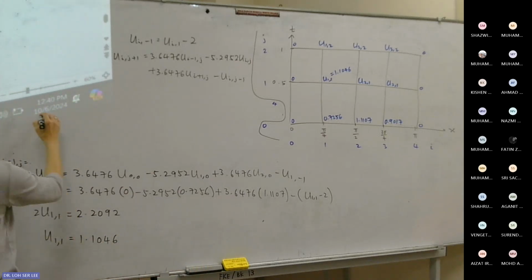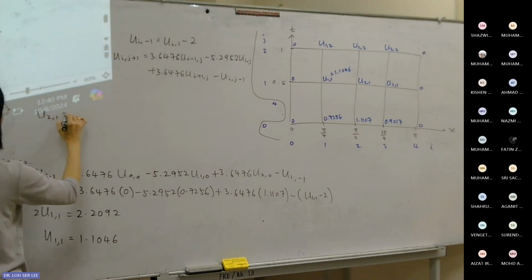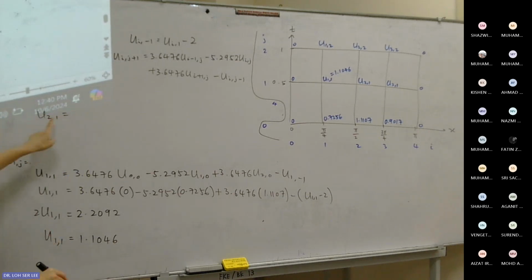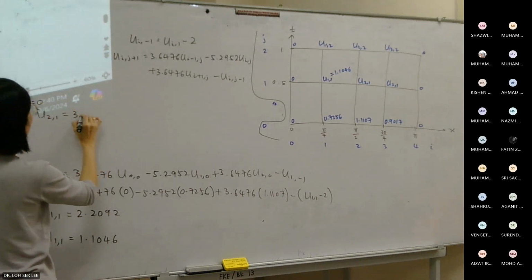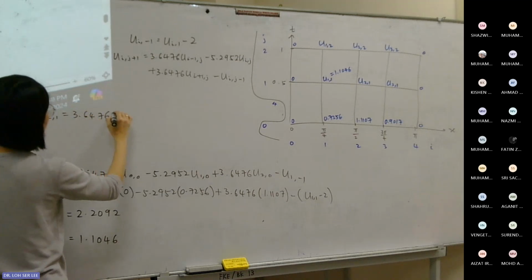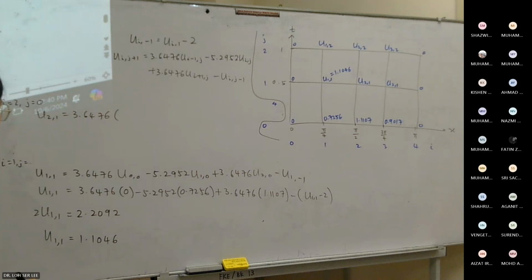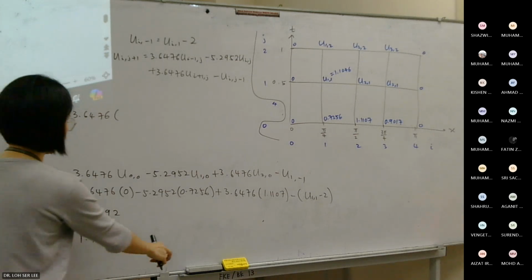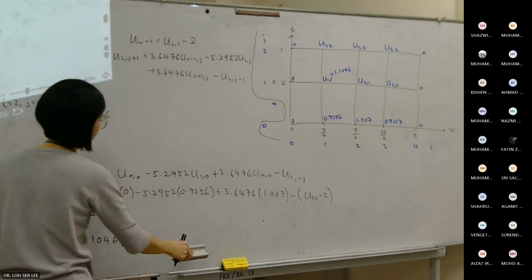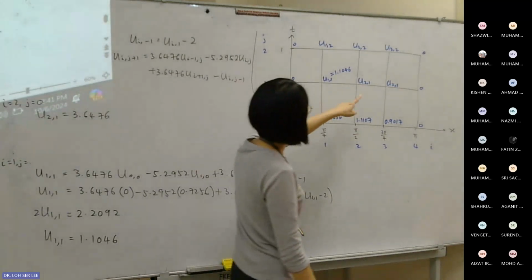U21 means I is 2. J is still 0. Two, two, one.